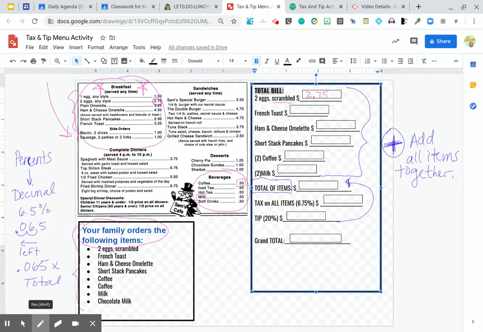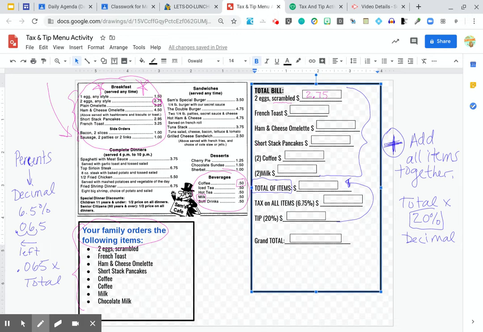So again, for my tip, I'm going to take the total times 20%, which remember, you have to change to a decimal in order to multiply. You can't multiply your total by 20. That would be 200%. You want to make sure that you're multiplying it by the decimal form of 20%.